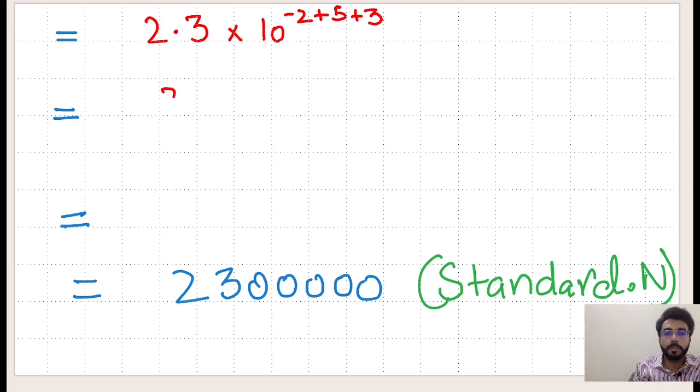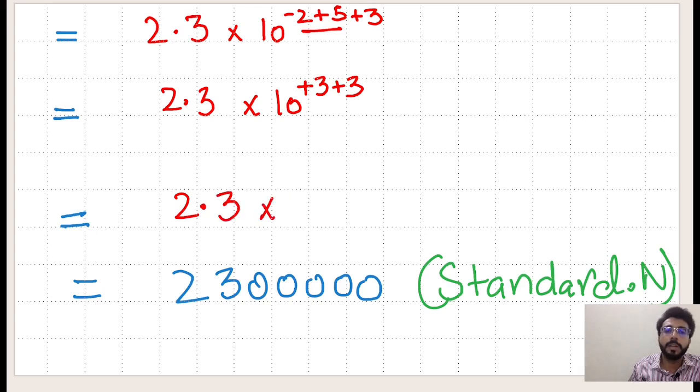First of all solve this: 5 plus 3 minus 2. It will become plus 6. Now the final answer in scientific notation is 2.3 into 10 raised to power 6. This is the final answer in scientific notation.